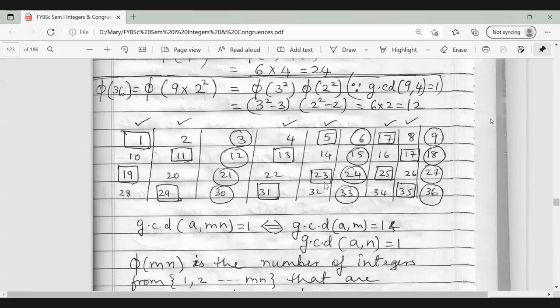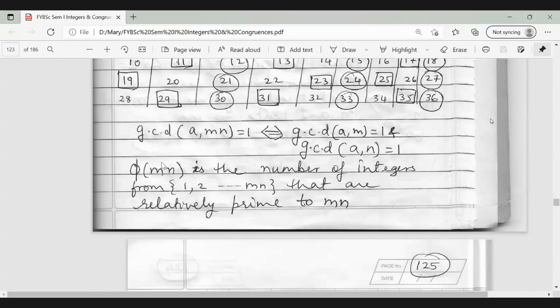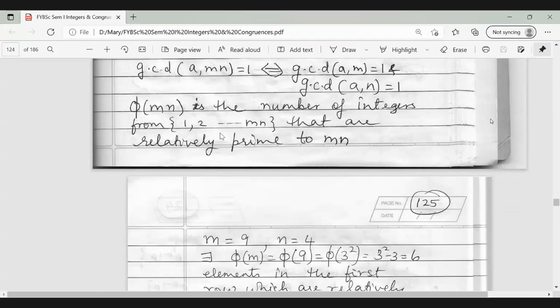Out of these, phi of n numbers will be relatively prime to n. When I combine these two, I get phi m into phi n numbers that are relatively prime to mn. So phi of mn is the number of integers from 1 to mn that are relatively prime to mn.